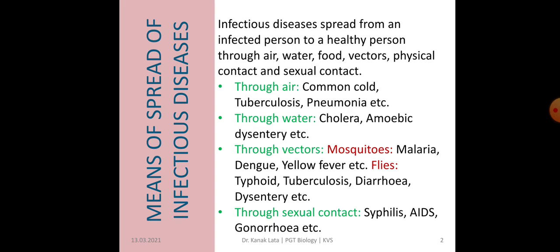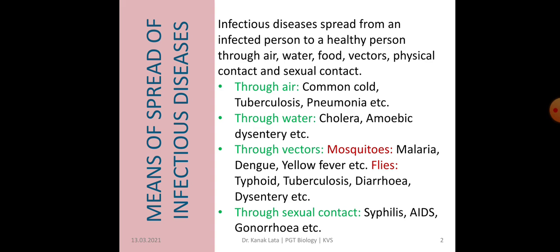First, it is about the means of spread of infectious diseases. As we know, infectious diseases are spread from an infected person to a healthy person by different means, and the different means are air, water, food, vectors, physical contact and sexual contact. So let us see which diseases are spread through different means.